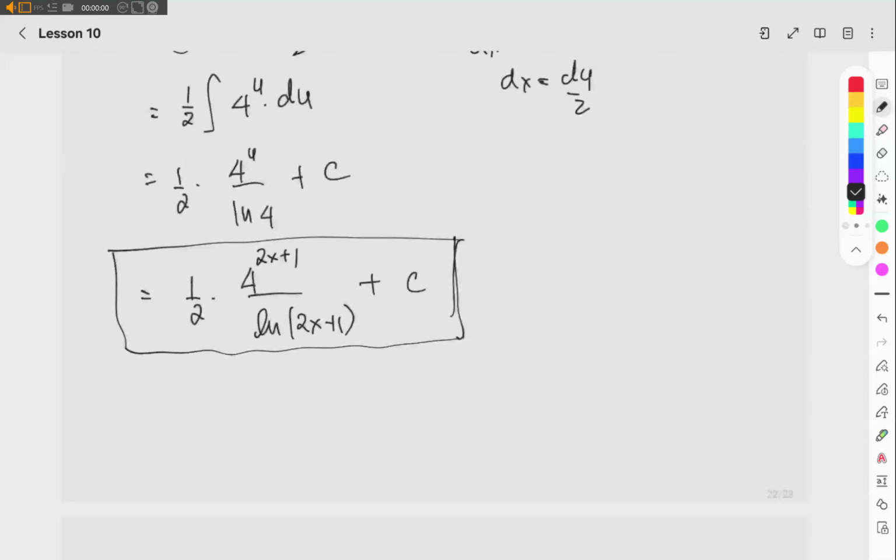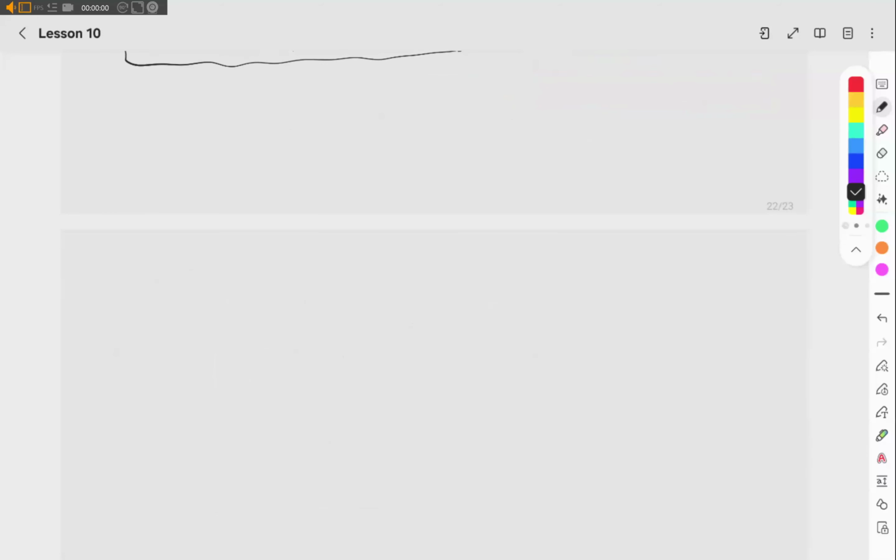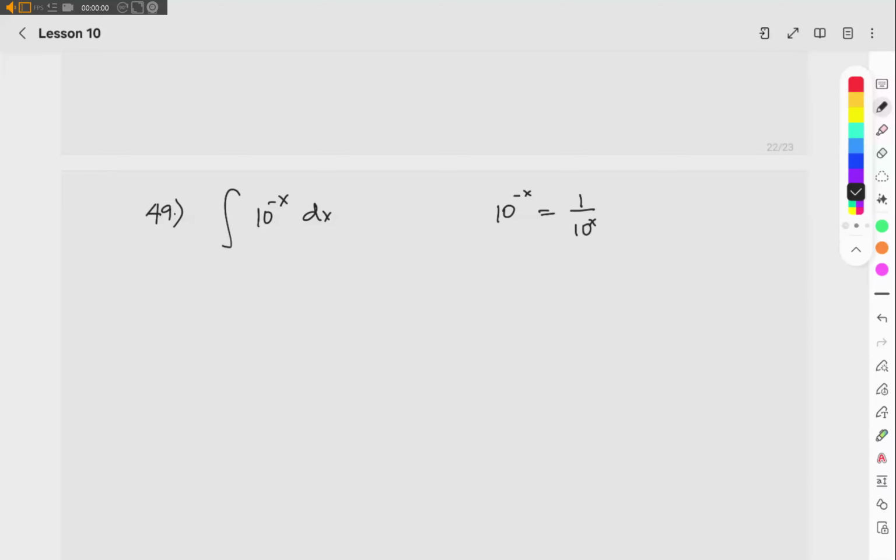Okay, what about this? 49. The integral of 10 to negative x dx. How would one solve this? Okay, so 10 to negative x can be written as what? 1 over 10 to the x. Yes or no?